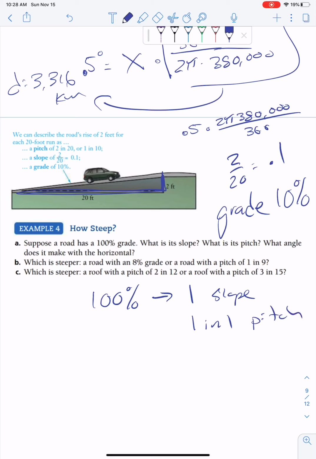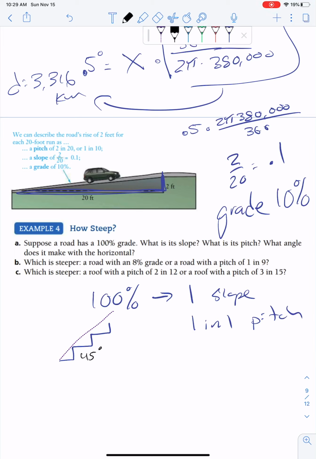You go over 1, up 1, over 1, up 1. That's the pitch. What angle does it make with the horizontal? Now this one, that's rude. We haven't talked about that. But if I'm going over 1, up 1, over 1, up 1, hopefully you recognize that the angle that you made right there is 45 degrees. Okay, if you're going over 1, up 1, you're going 45 degrees.